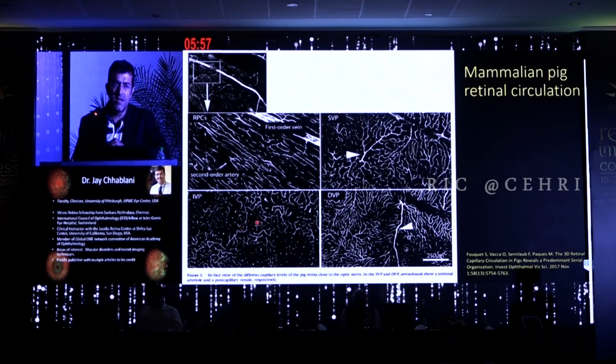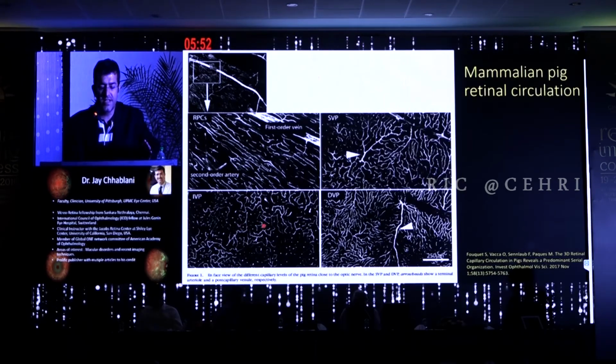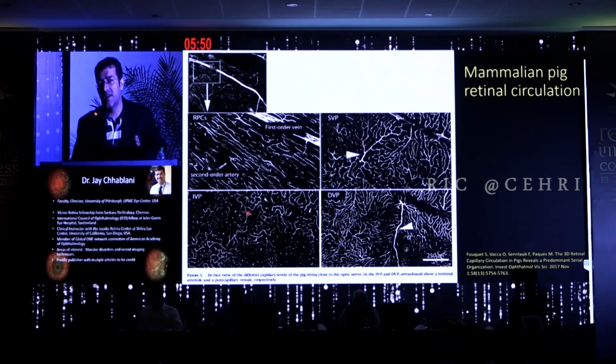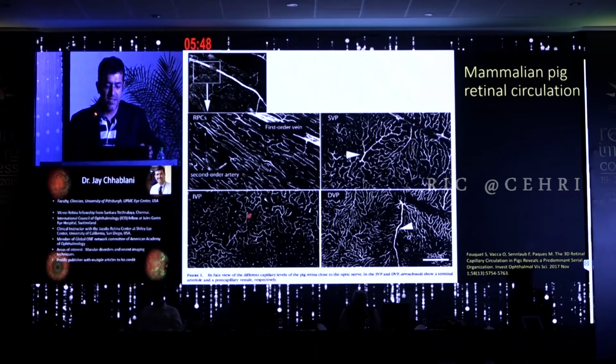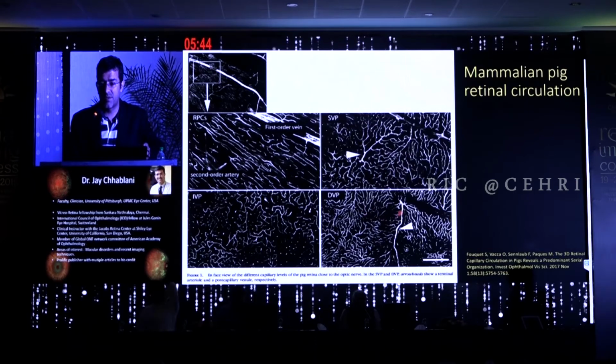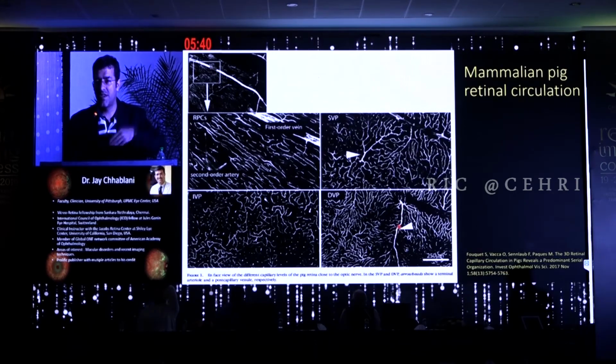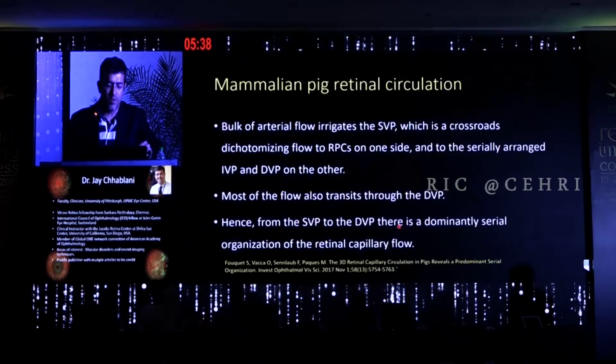In the intermediate, again we do not see any major arteriole or venule, just a bunch of retinal arterioles or venules in this arrangement. But in the deep vascular plexus, you can see a definite big venule, and I'll come to the detail of this in some of the human models.